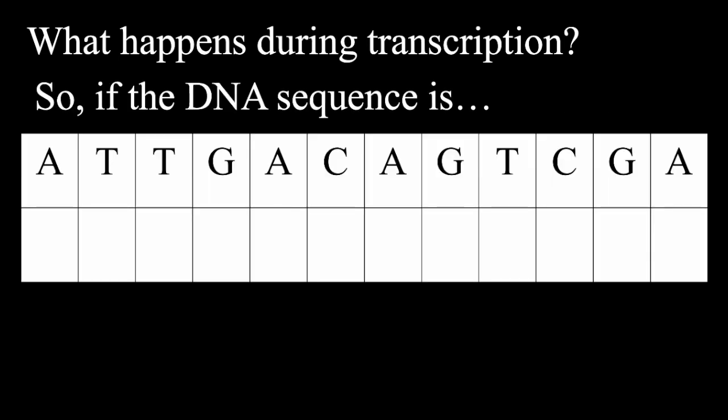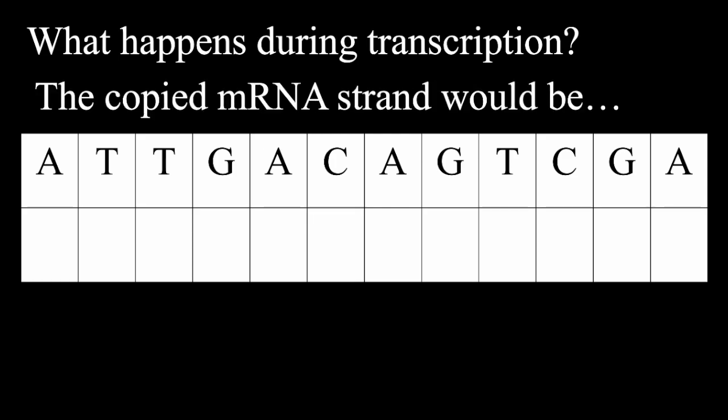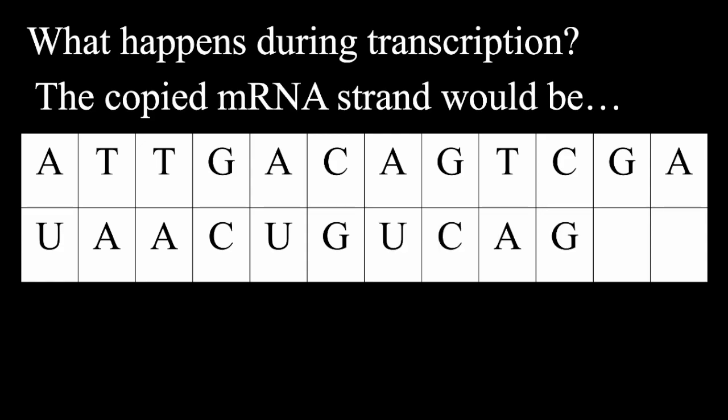So if the DNA sequence is ATTGACAGTCGA, the copied mRNA strand would be U, A, C, U, G, U, C, A, G, C, U.